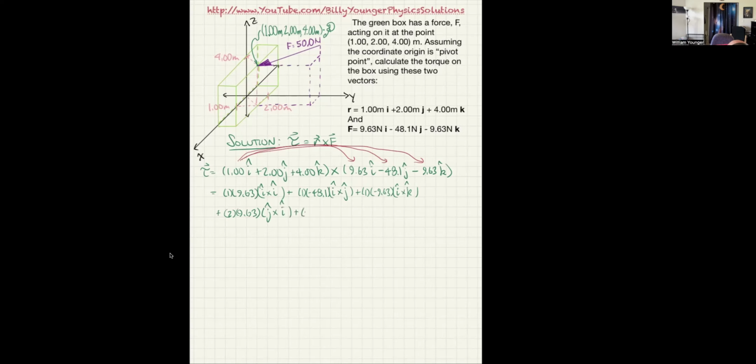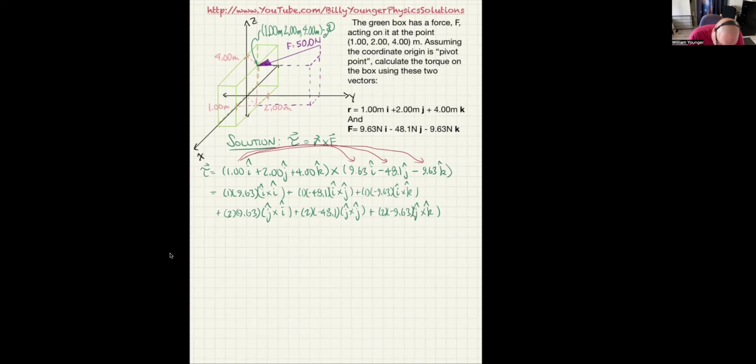So we'll say 2 times negative 48.1, and then of course that's j hat. I hate it when this thing turns to an eraser. And that's j hat cross j hat. And now I'm going to let the 2 hit the negative 9.63. So that's 2 times negative 9.63 times j hat cross k hat.